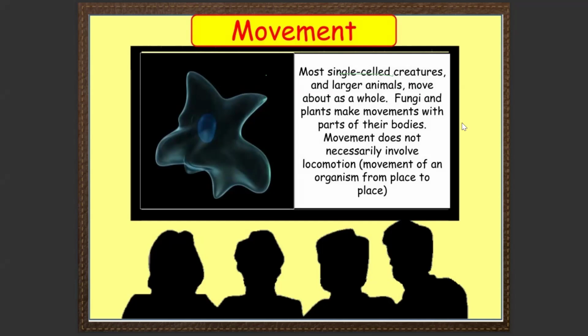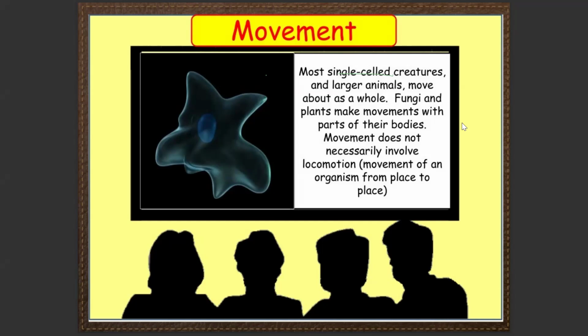And then fungi and plants, they make movement with part of their body. When plants grow, their roots and their shoots have different growths. It is not the case that the plant has all its parts of equal height.